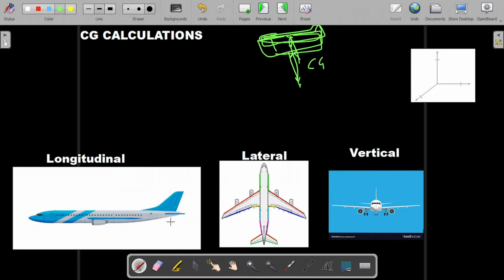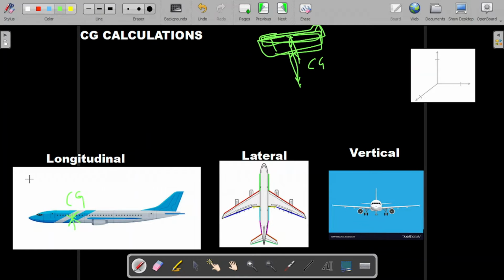Similarly, in an aircraft, there is a point known as the center of gravity at which the complete aircraft can be balanced. So if we say this is the point, I'll just mark it, this is the CG of the aircraft, then to mention this point we need to have a reference.